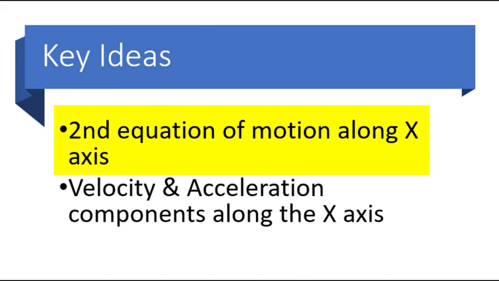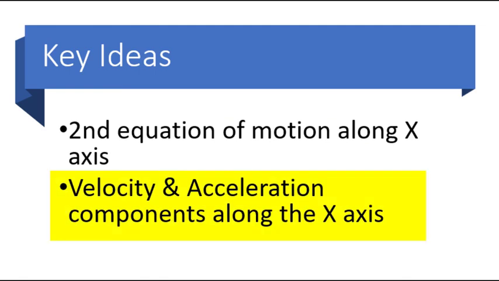To compute the range, we apply the second equation of motion along the x-axis, which is along the plane of the incline. We have to be careful in the equation that we substitute the components of velocity and acceleration which are along the x-axis, so parallel to the plane of the incline.